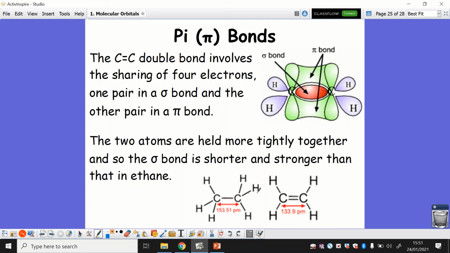So the sigma bond that exists between the 2 carbons is actually shorter and stronger. It's stronger because it's shorter than it is in the single bond, just because of that extra electrostatic effect of the pi bond and the extra electrons in there.